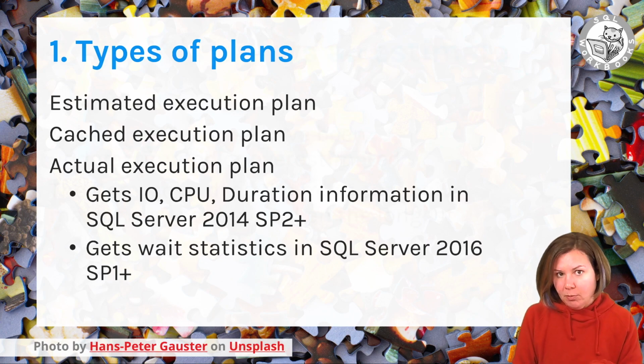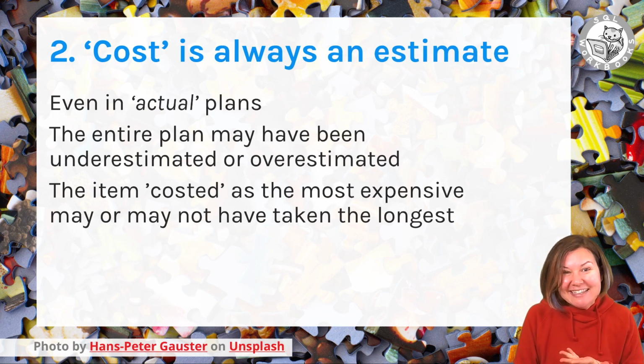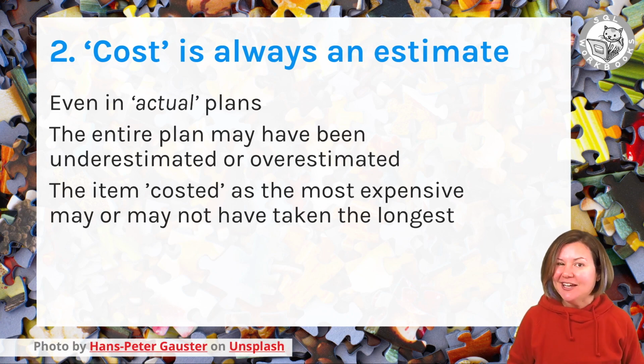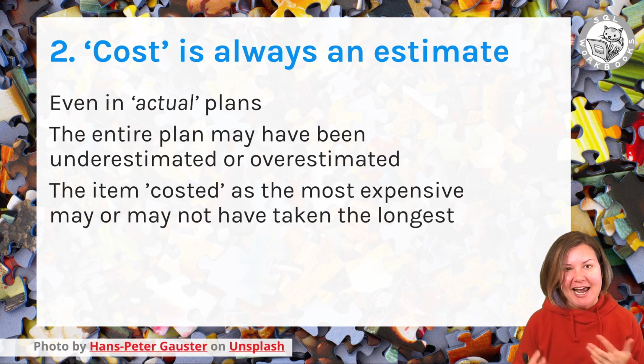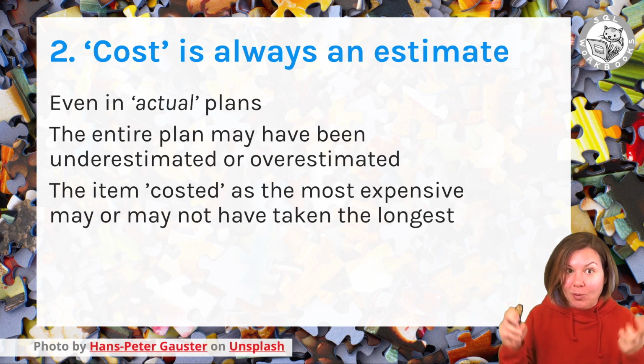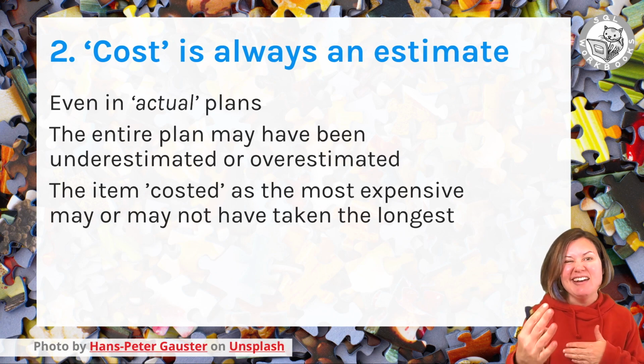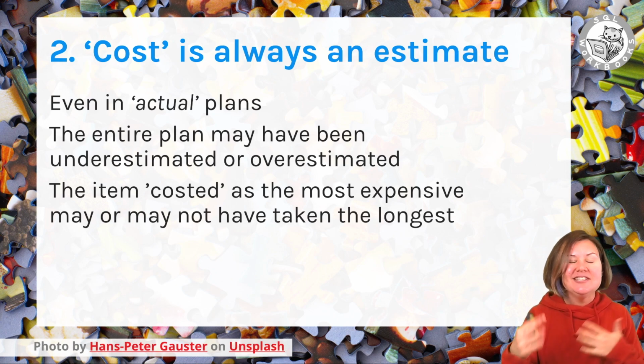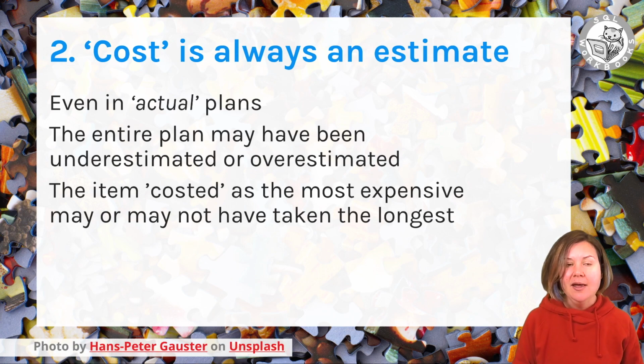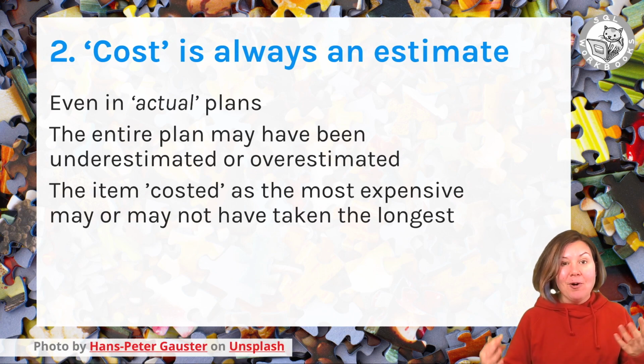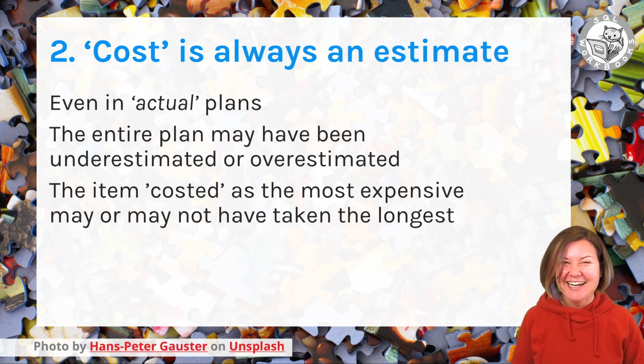Even in an actual plan, one important thing to know is that when you're looking at cost numbers, they are always an estimate. Even though we call it an actual plan, an actual plan is just an estimated plan that's had some additional information added to it about things like what were our actual rows and certain actuals.